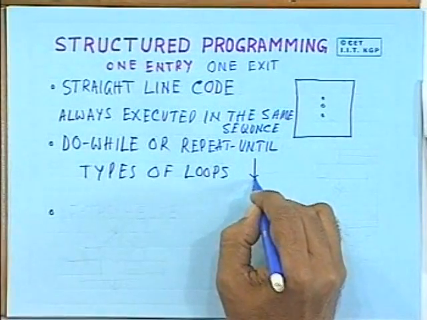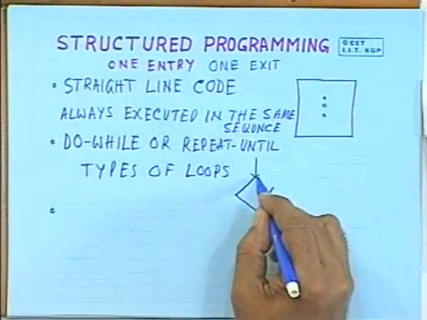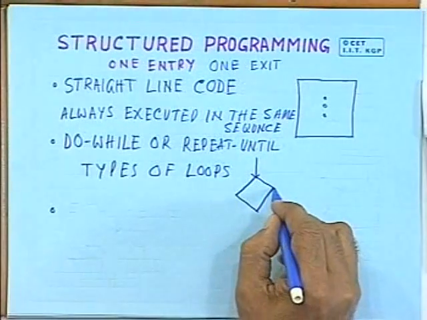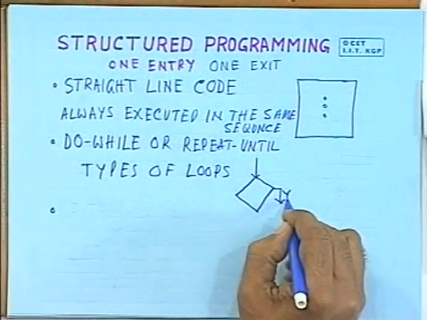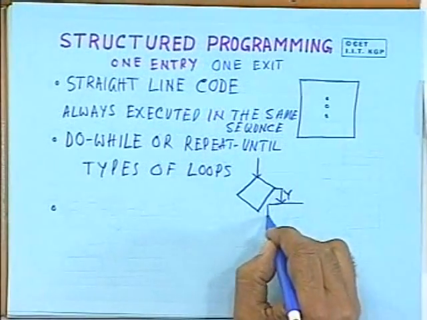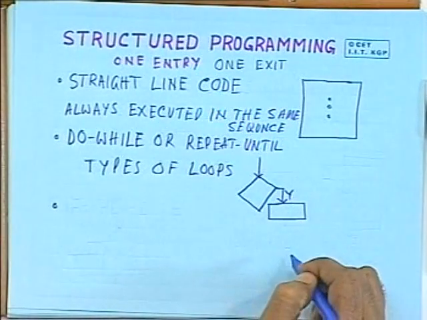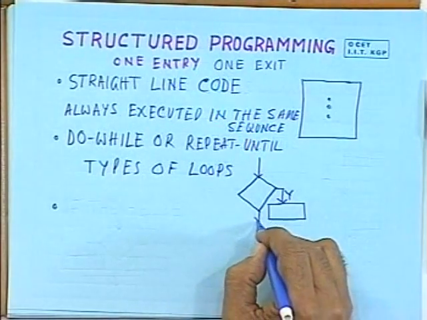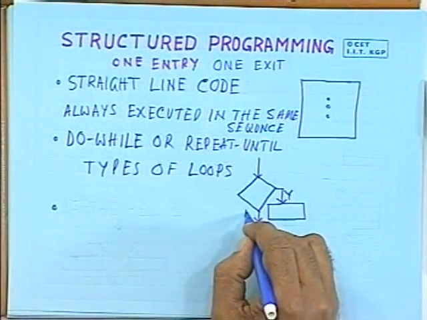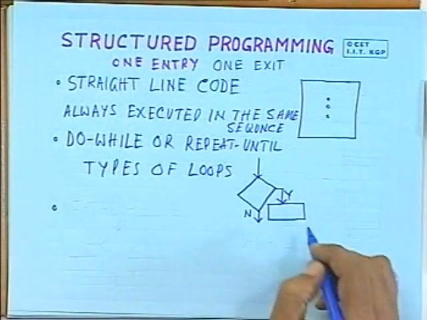This is the entry point, then there is a decision box, and if the decision is true or yes, then some straight line code is executed or some subtask is performed. If the decision outcome is no, not correct, then it goes out.